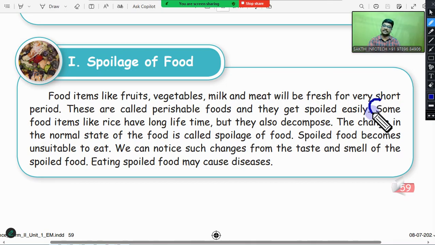Next sentence. Some food items like rice have long lifetime, but they also decompose.